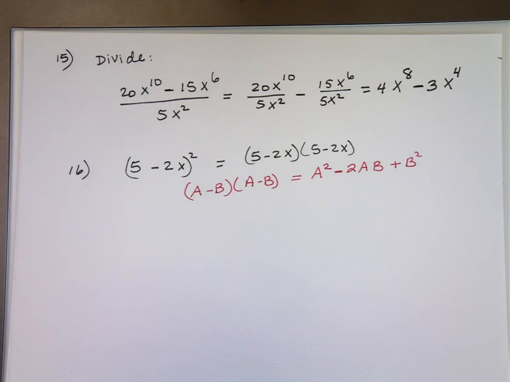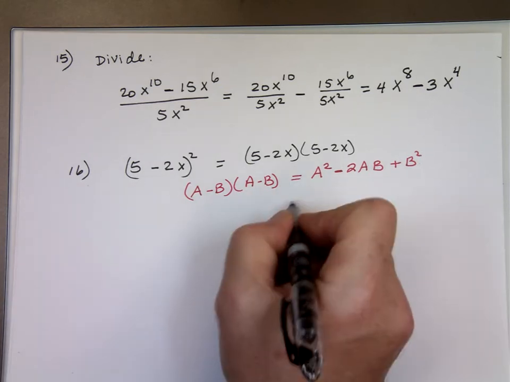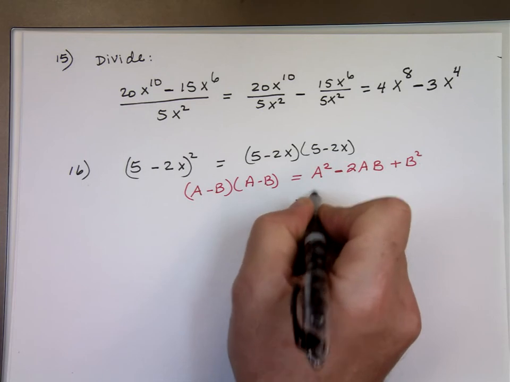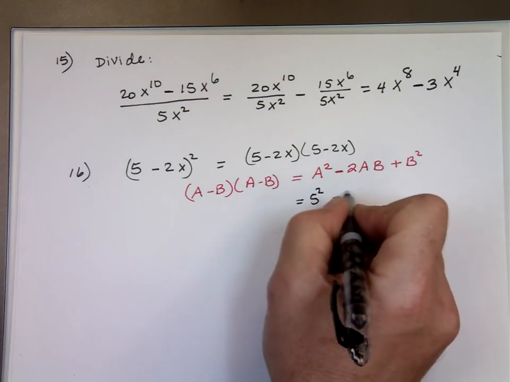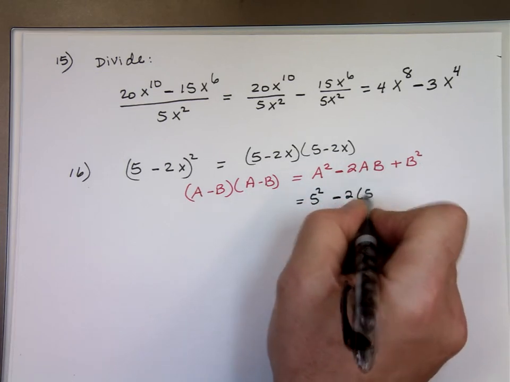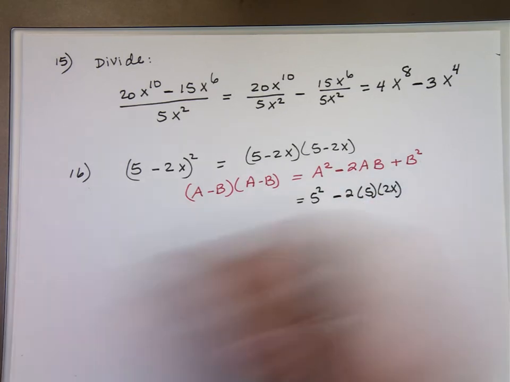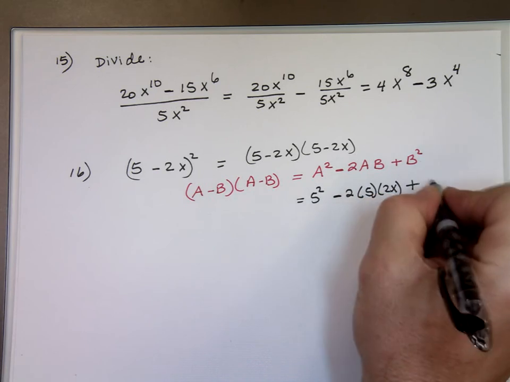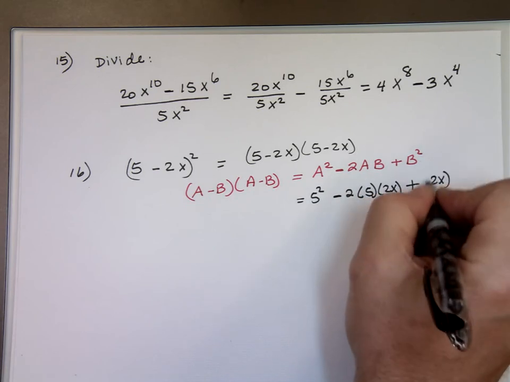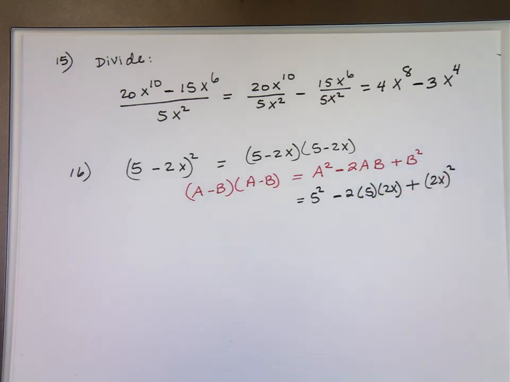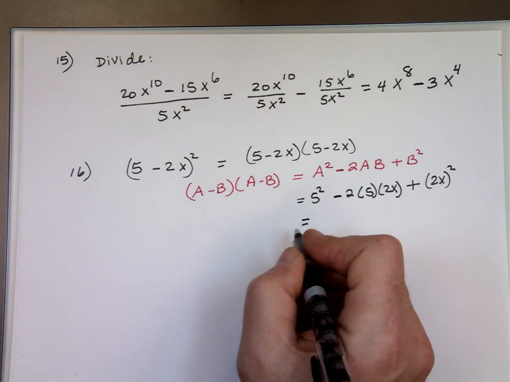The first one here is 5. So square the 5. That's 5 squared. 2 times the first, which is 5, the second, which is 2x, plus square the second one. 5 squared is what? 25.